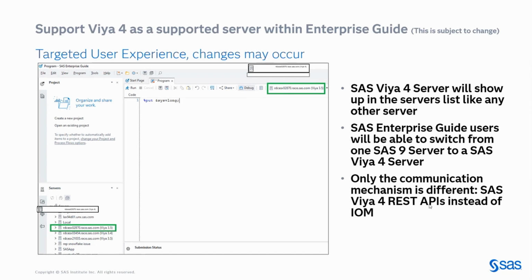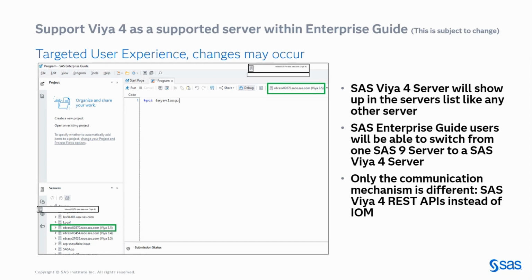Ja iso ero on se, että VIYA 3.5:ssä palvelimessa oli vielä sellaiset palikat, jotka pystyivät keskustelemaan perinteisemmän IOM-kanavan kautta, mutta kaikki modernimmat käyttöliittymät ja alustat hoitavat keskustelun REST-API-rajapinnan läpi, kuten SAS tekee myös sisäisillä sovelluksilla.